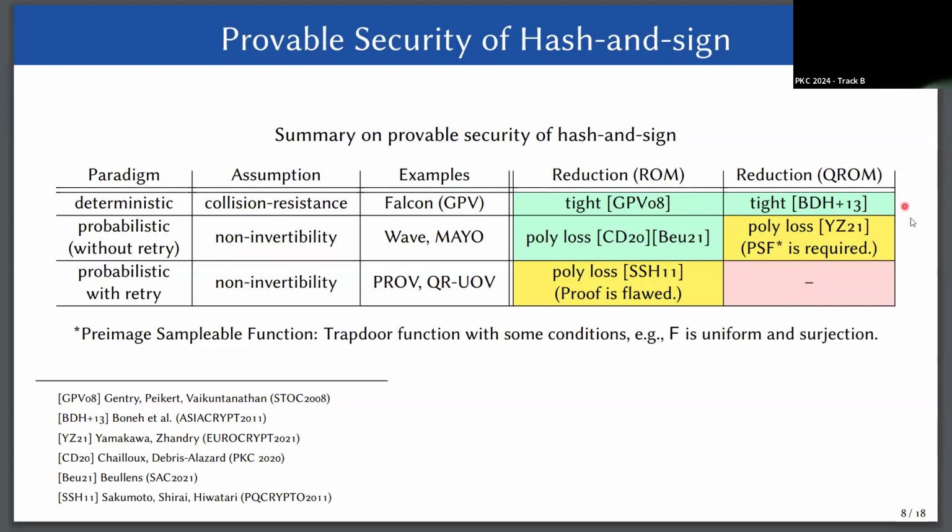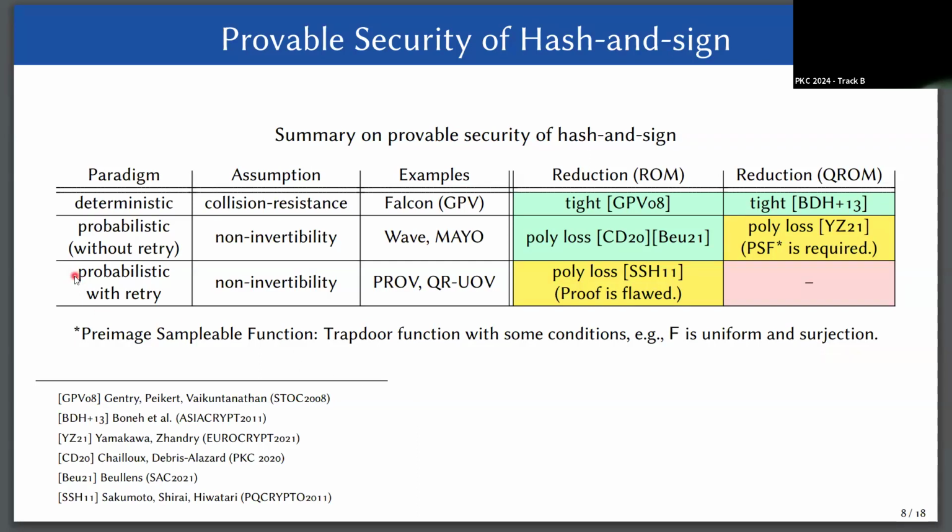However, there is a problem in the security reduction in the QROM because the requirement for this reduction is kind of strong. PSF is required. PSF is preimage sampleable function. That is a special trapdoor function with some conditions, like f of x is uniformly distributed and f is a surjection. Due to this requirement, the applicability of this reduction is kind of limited.